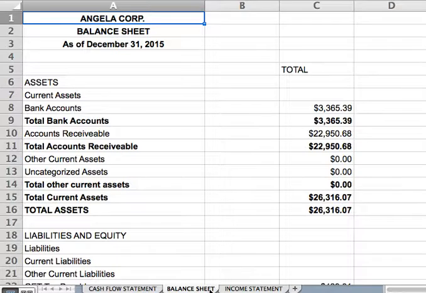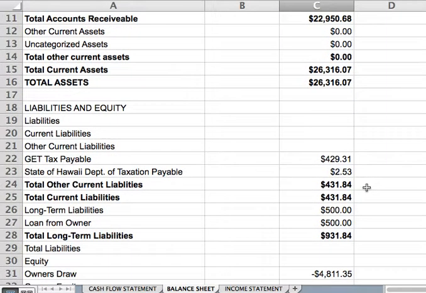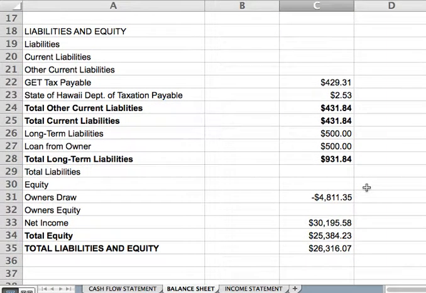Step 2. Complete the cash flow from investing activities section by reviewing the long-term asset section of the balance sheet. Step 3. Complete the cash flows from financing activities section by reviewing the long-term liabilities and equity section of the balance sheet.